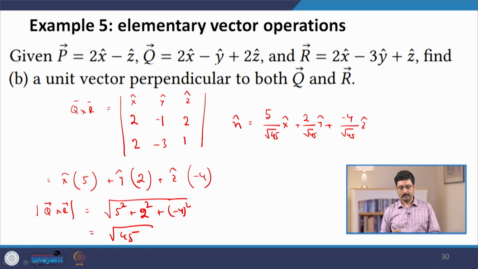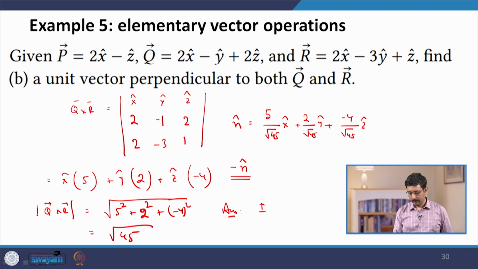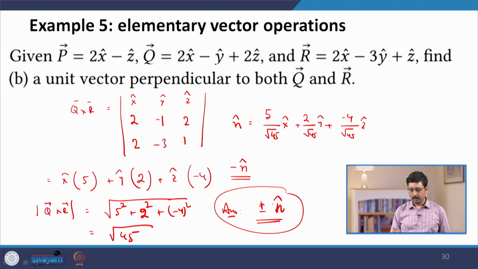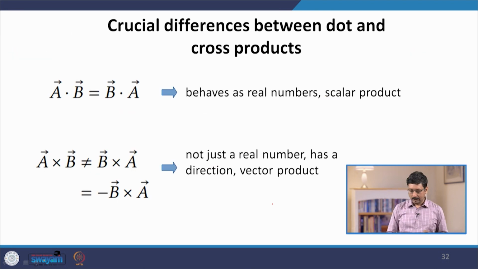Now, note that you can also define the vector minus n, which is also a unit vector, the magnitude is the same and it is also perpendicular to both q and r. So, the answer is plus minus n hat. Two answers are possible. This is important, putting this plus minus is important.